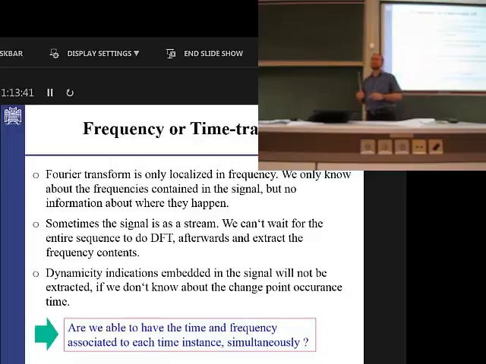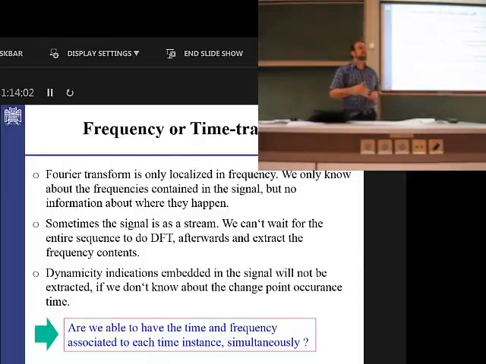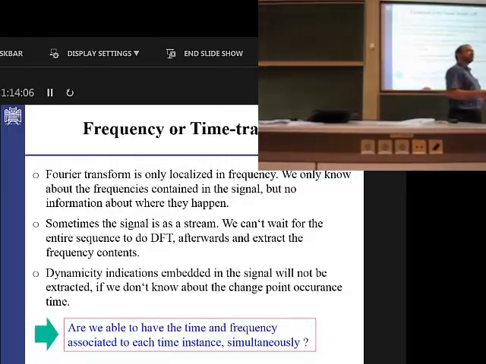That's just an example. In many, many cases you need to know this, even for the speech case. We have automatic speech recognition, the system that tries to transcribe whatever someone says. We are dynamically changing the state of what we say, changing from one phoneme to another.